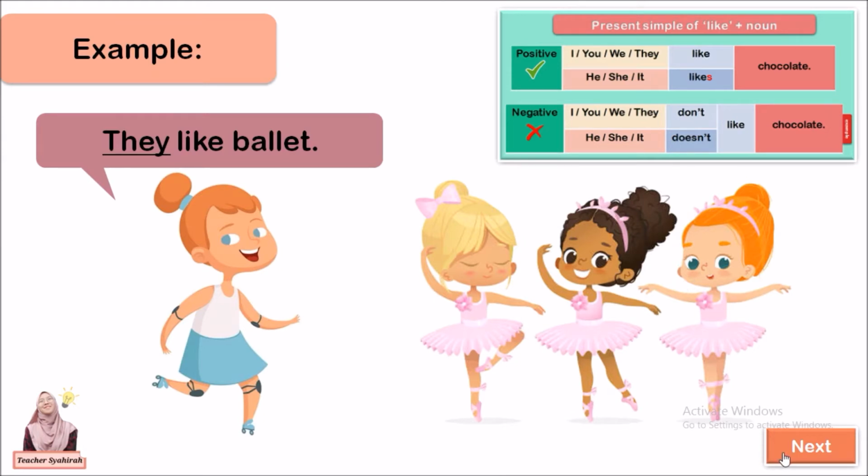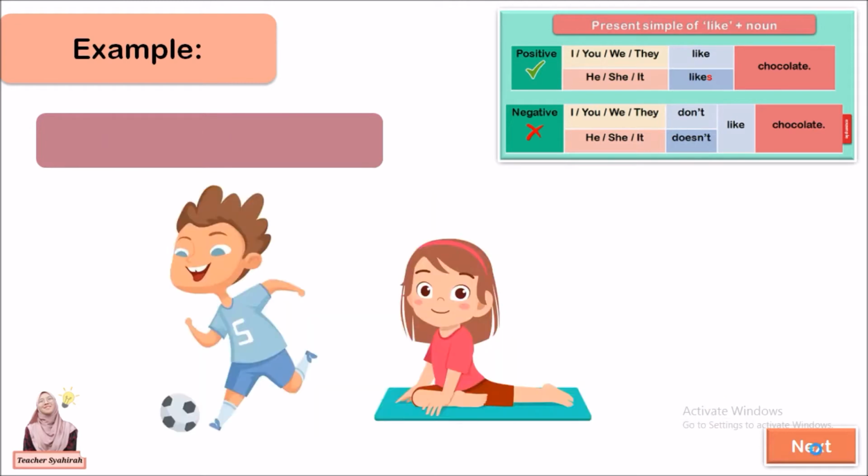Mereka suka ballet. Next one, she likes yoga. Okay, can you see the difference? For just now we use they, we use like without S. Now there is S here because she, maksudnya dia seorang perempuan. He, she, it. We need to add S. She likes yoga.